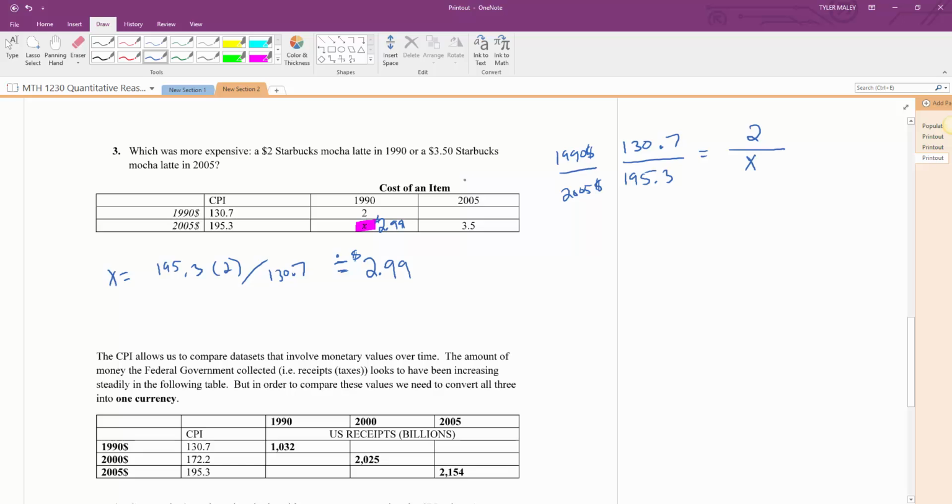We're trying to see which one's more expensive. This would be more expensive. So even if we convert how much we paid in 1990 to 2005 dollars, we're still paying more, even controlling for that different dollar amount.